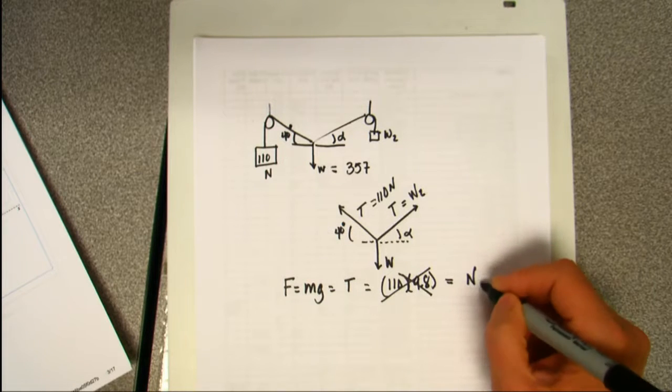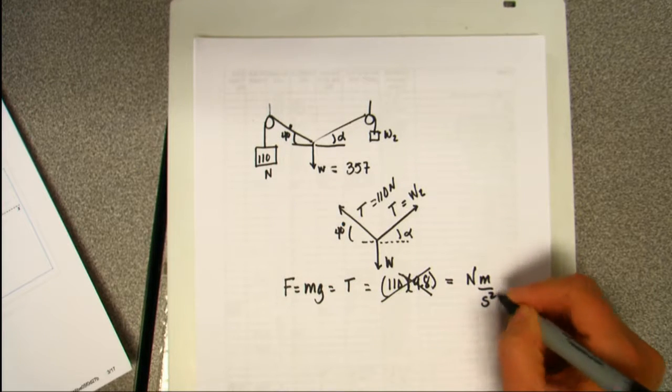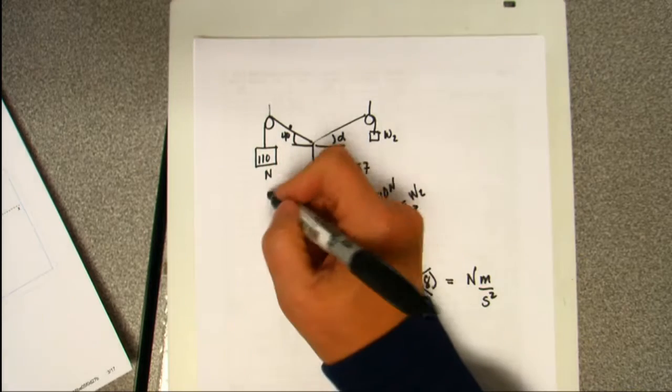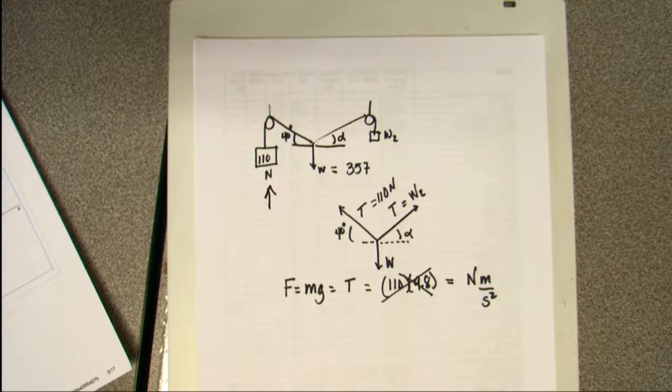I have newtons times meters per second squared. That is not a weight. That's something else. I don't know what it is, but it's not a weight. The problem gave it to you in weight. It gave you the force. So you didn't have to multiply it by 9.8.